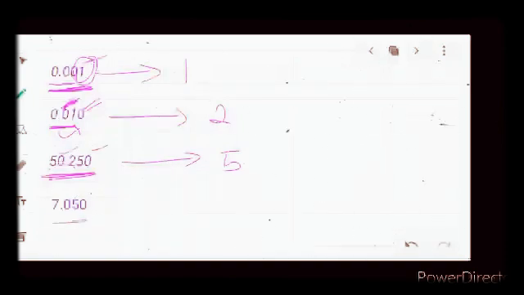And the last one, this one. Here we have again 2 zeros. The first zero, it is after the decimal point, and it is followed by non-zero. Here we have 7, which is non-zero, so that means this 0 is in between 2 non-zero digits.